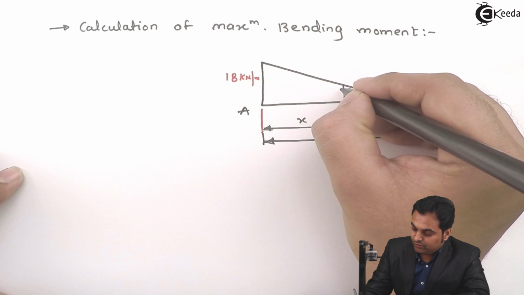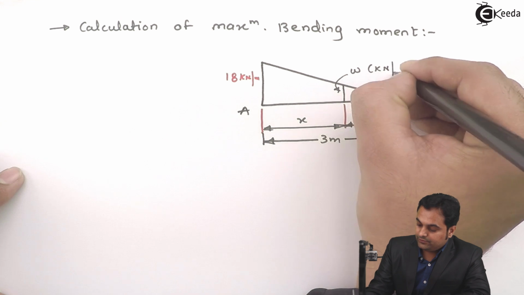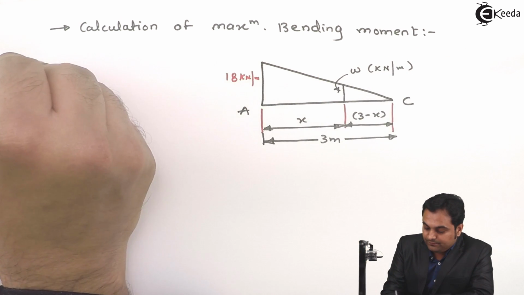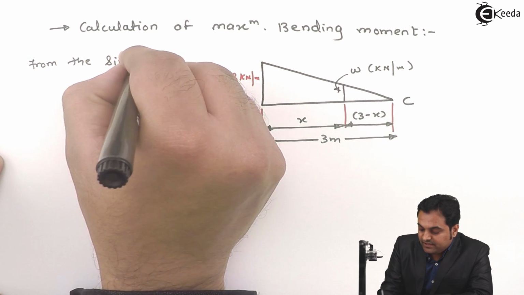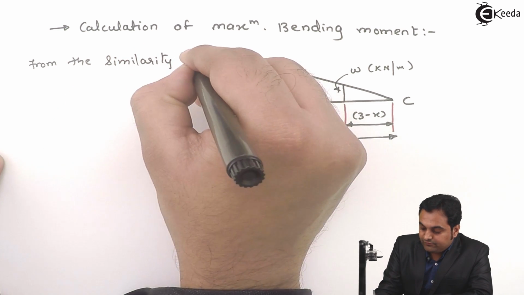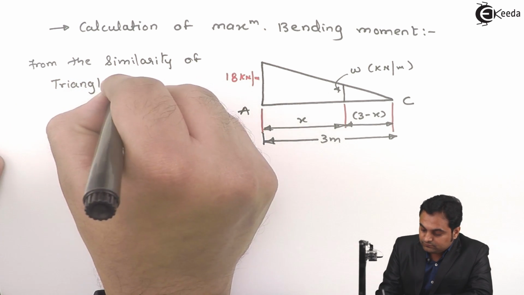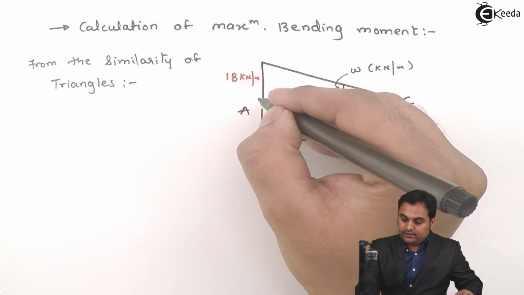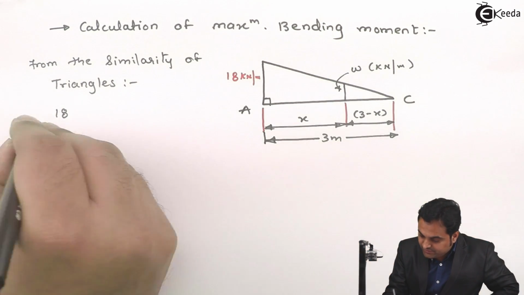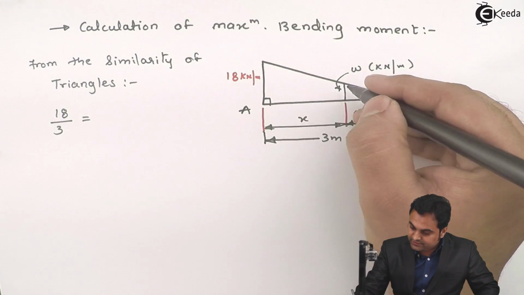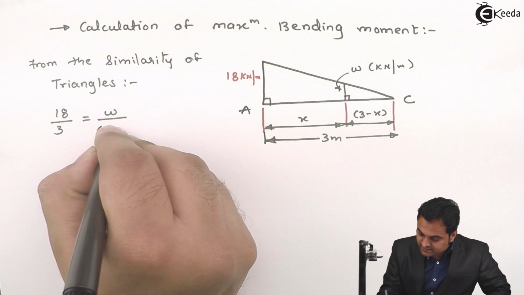So now I'll find the value of UVL here, that I'll denote as W, kilonewton per meter. So from the similarity of triangles, here I'll say that it will be height upon base, that is 18 by 3, is equal to, here this height is W divided by base is 3 minus x.